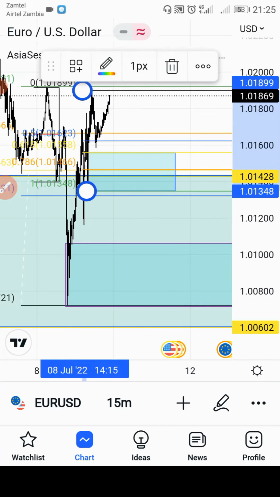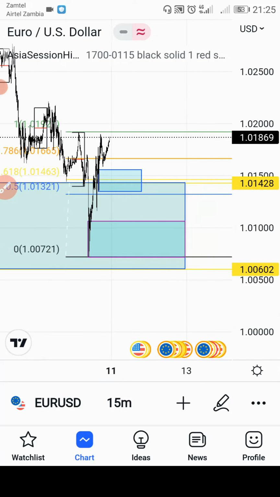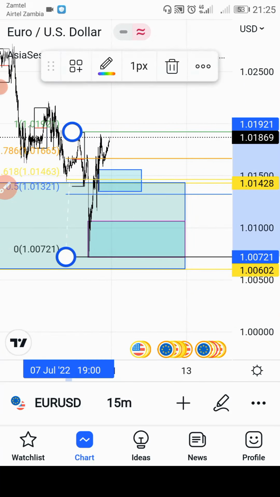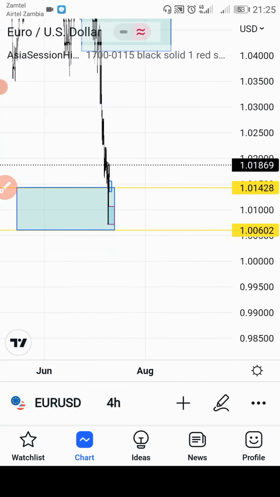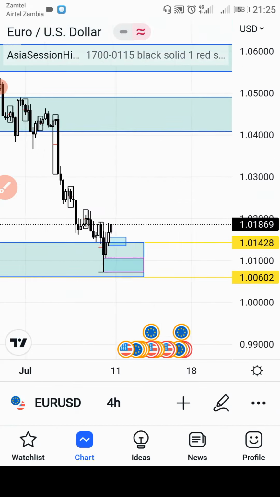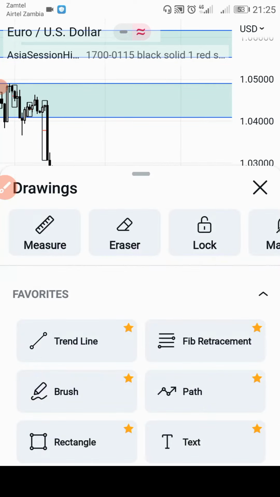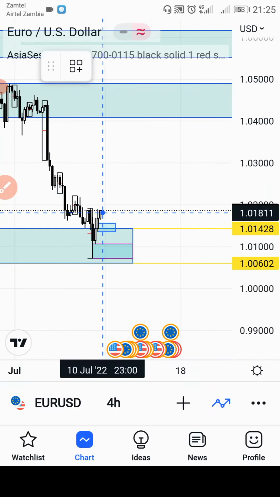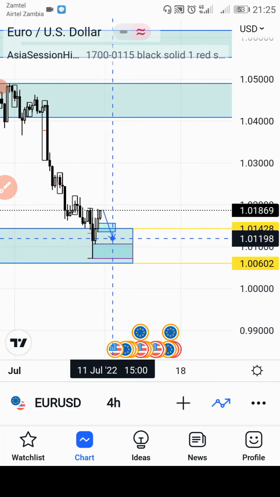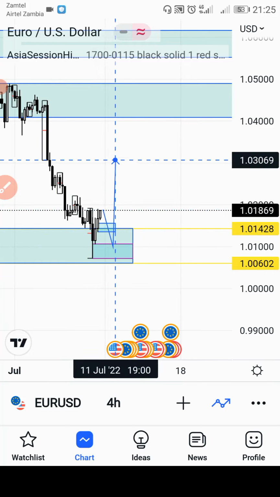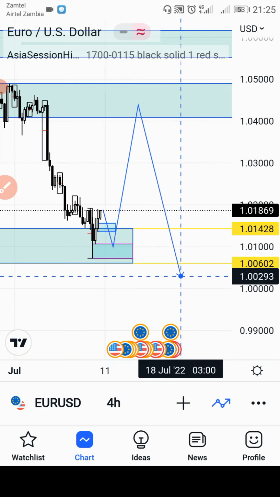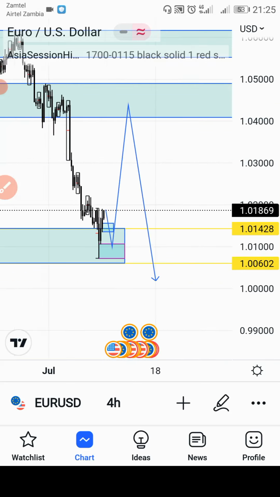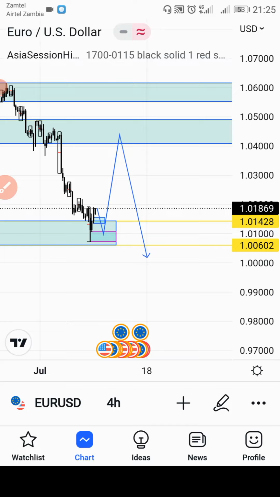Otherwise, that is how I am looking at the market for EURUSD. We can potentially buy to these levels, can do something like that, then we can continue selling, or we can even go further up here.